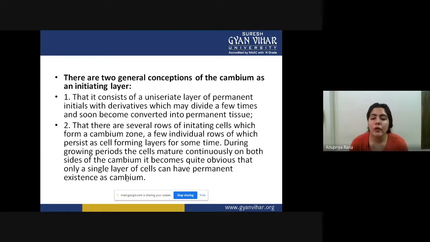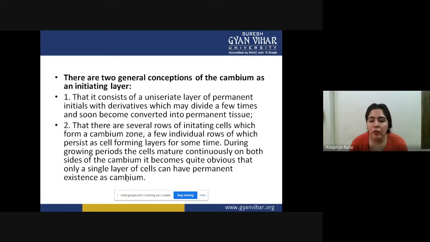A few individual rows persist as a cell-forming layer for some time. So out of these many layers, some will form cells for some time, that is, they act as cell-forming layers carrying out the cell division process. During the growing period, cells mature continuously on both sides of the cambium.